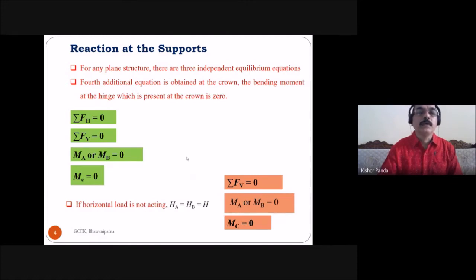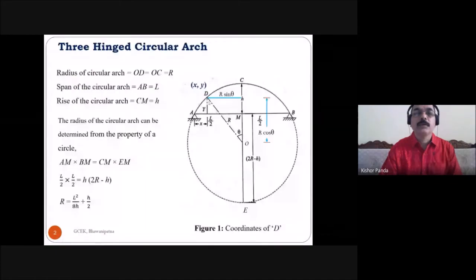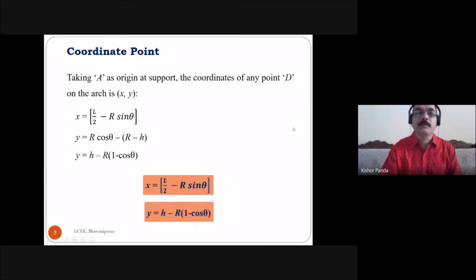You see, in the three-hinged circular arch, there are two reaction components at each support: vertical reaction at A and horizontal reaction at A. Similarly, vertical reaction at B and horizontal reaction at B. So there are 4 reaction components in the three-hinged circular arch.